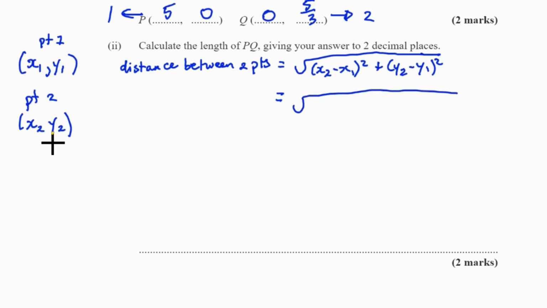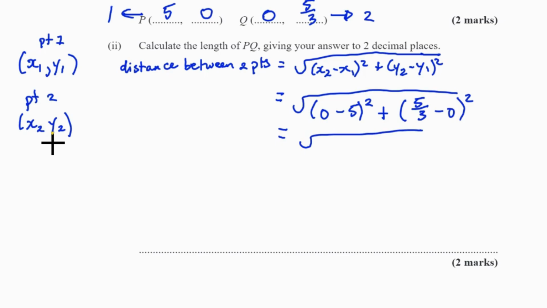So x2 in this case would be 0 minus 5, and that's going to be squared. And then y2 in this case is going to be 5/3 minus 0, and that's going to be squared as well.